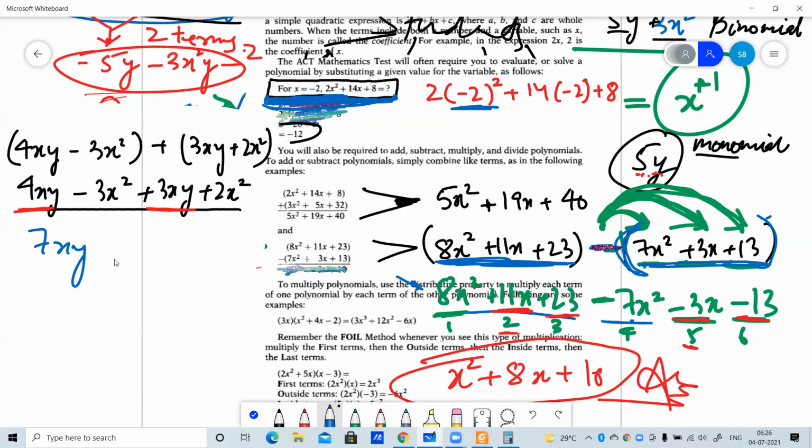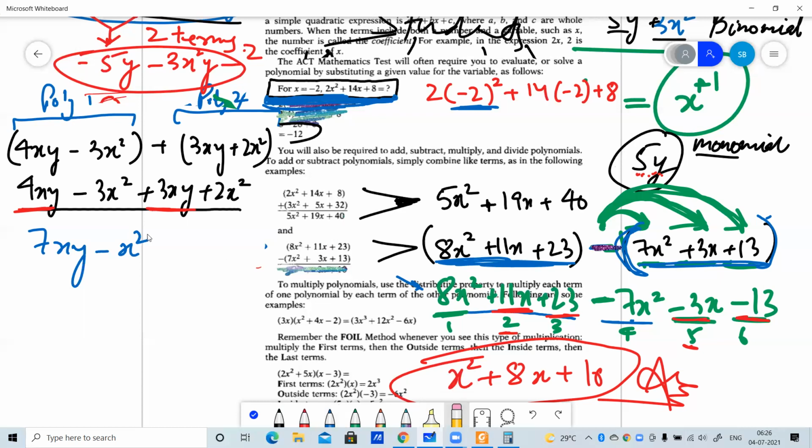It's negative 1x squared. Exactly. Negative 1x squared. And we don't usually write 1, so it'll be negative x squared. So 7xy minus x squared will be the addition of these two polynomials. This is polynomial 1, this is polynomial 2. This was the addition of these two polynomials.